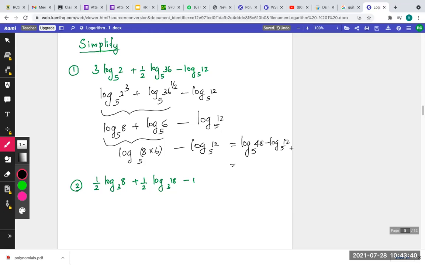See, the bases are the same. It is subtraction, meaning you have to use the division law, right? Log 48 over 12 to the base 5. How much is that? 4, right? Log 4 to the base 5, because 12 goes into 48 four times. And that is the final simplified answer.